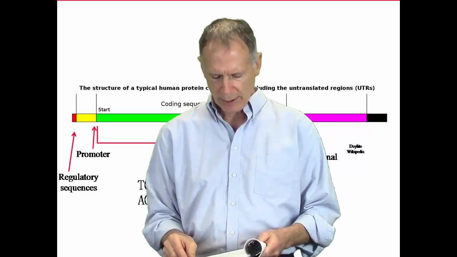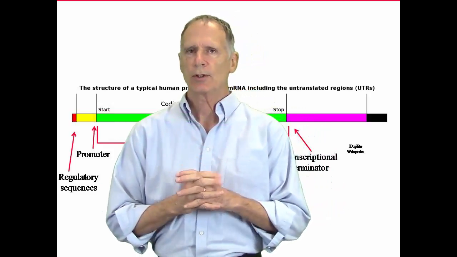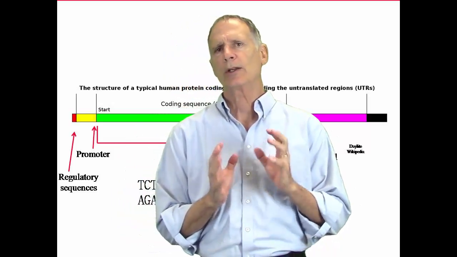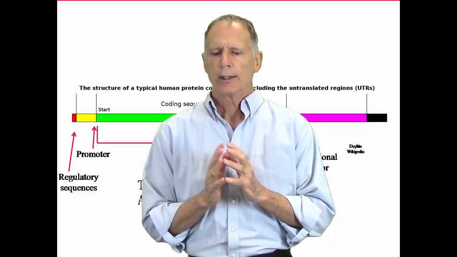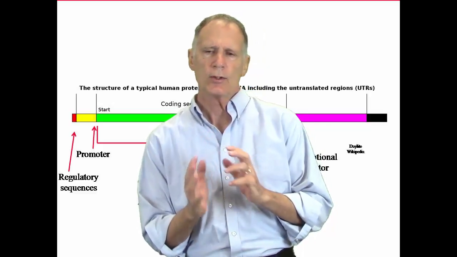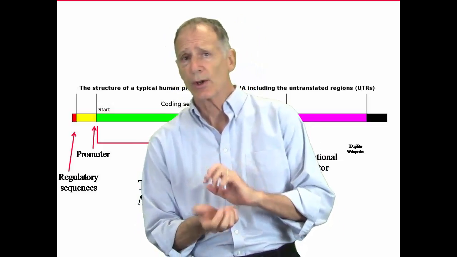I also want to bring to your attention the regulatory sequence over there on the left. We didn't know what these regulatory sequences were for the longest time, but basically these are things that tell the genes when to turn on and when to turn off.